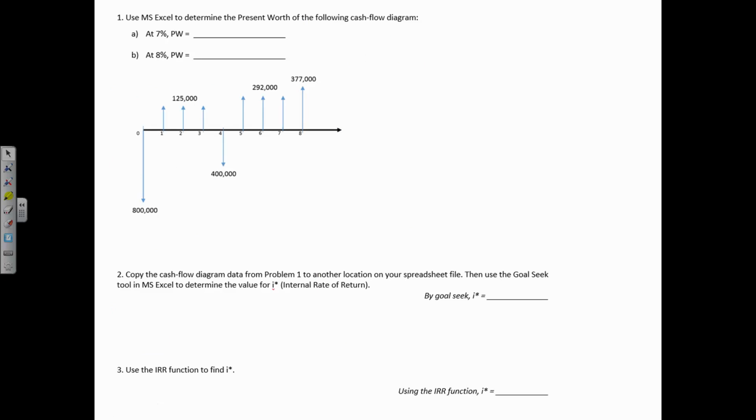Okay, so here's the in-class exercise for today. As I mentioned, we're using Excel. So let me give you the paper.